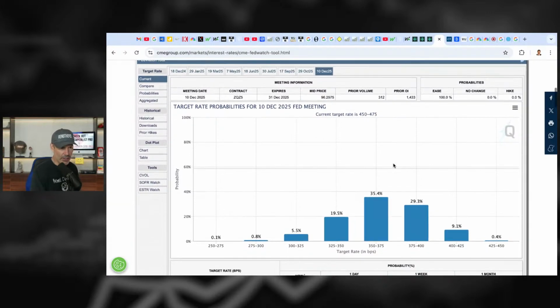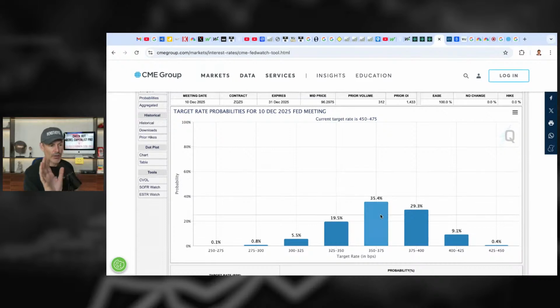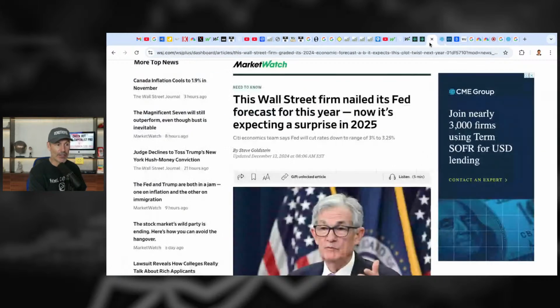We'd have to look at how they calculate this, but I believe the majority is SOFR futures here. But regardless, they're saying that the highest odds are with Fed funds overnight being between 3.5 and 3.75. So we're basically at Fed funds 3.5. Well, for Citi to come out and say, we don't think it's going to be 3.5, we think it's going to be 3.